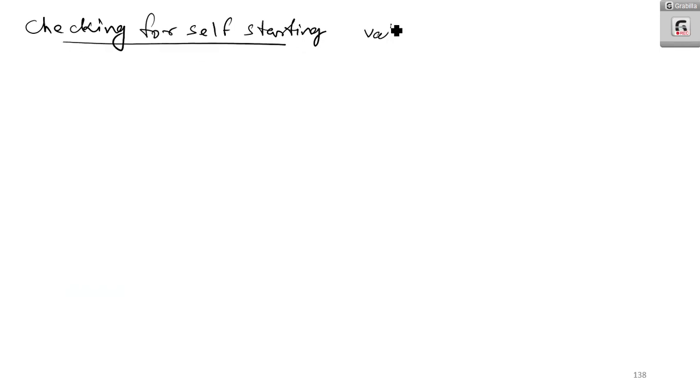The valid states are 0, 3, 5 and 6. Which are the invalid states then? Since this is 3-bit, 1, 2, 4 and 7 are the invalid states.